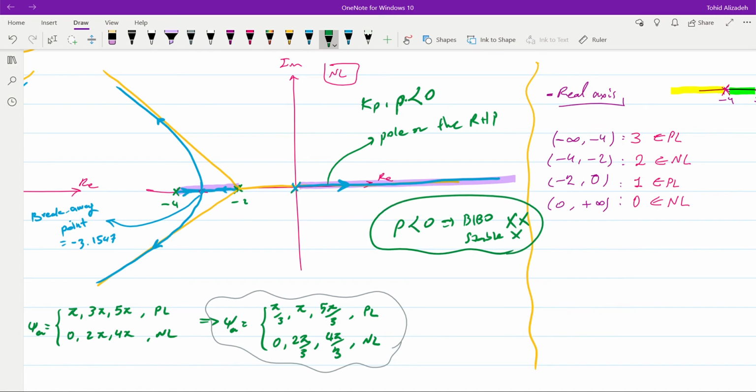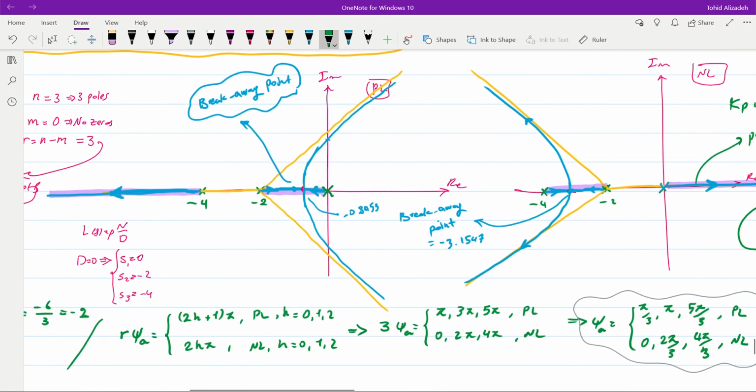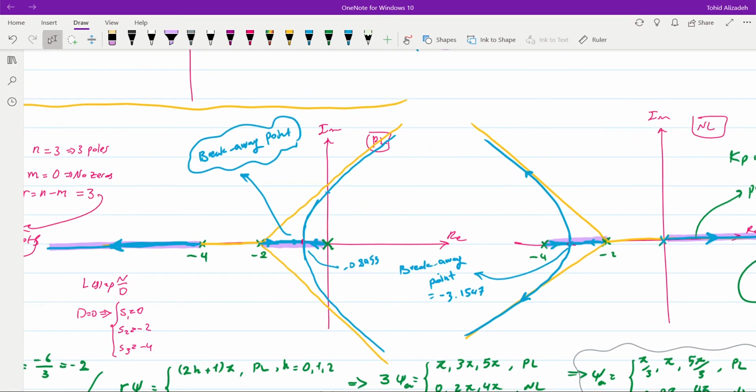So for rho smaller than 0, the system will be unstable. For the positive locus, for some values of rho, the system will be stable. So let's assume that we have a closed loop pole originating from the pole at -2. It will move this way, this way, this way, and then it will move upwards.